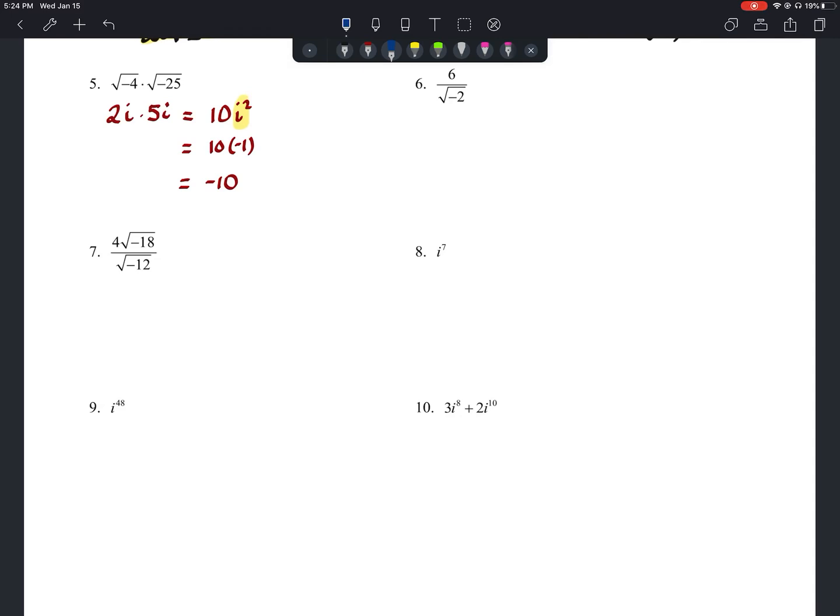Ooh, 6 has division. I see a fraction in there. So number 6, we have 6 divided by the square root of -2. Now there's a couple ways we could do this one. We could clear out the square root of the negative, or we could rationalize the denominator right away. It's up to you.